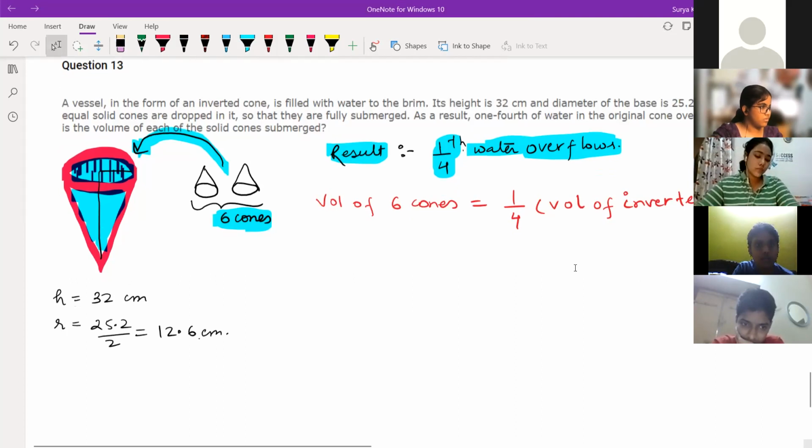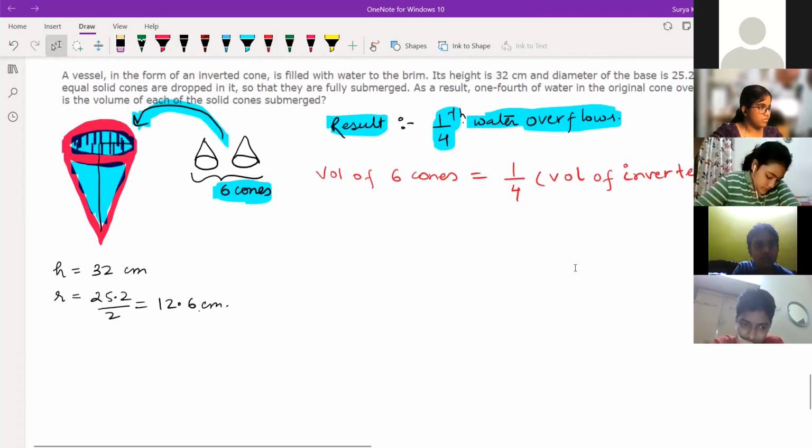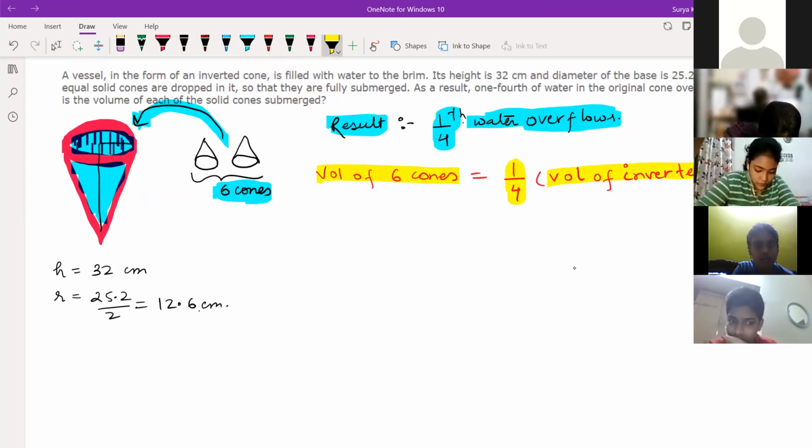So children, what I've written in red color, did all of you understand this point? Volume of 6 cones is equal to 1/4 of the volume of the inverted cone. Akshat? Sir, how is it 1/4? Because here they've given that water is flown out, no? 1/4 of the water is flown out.